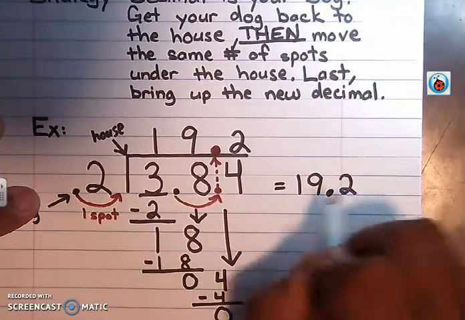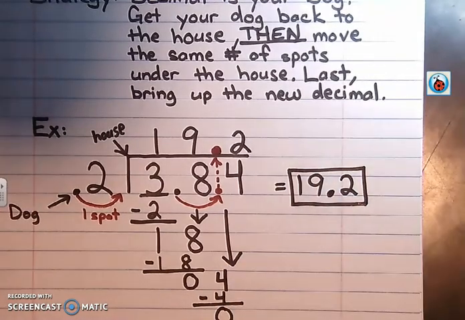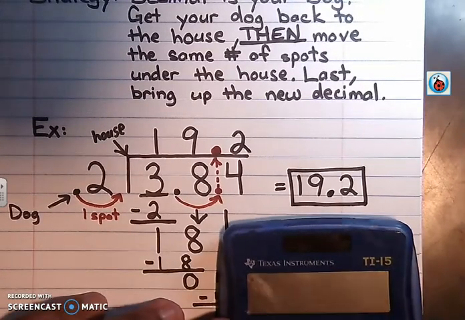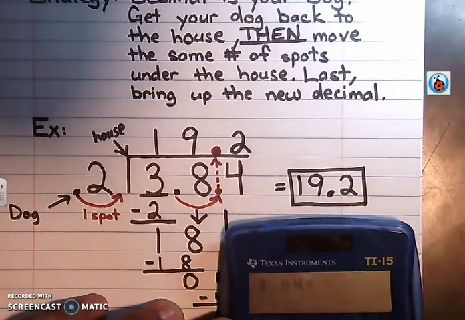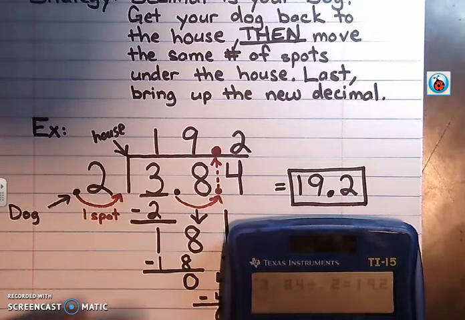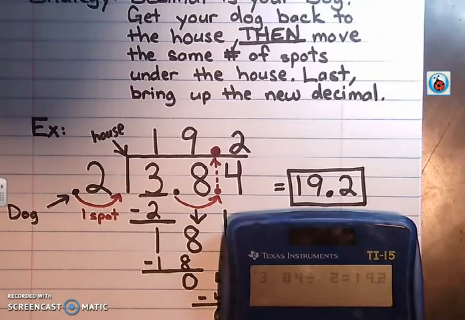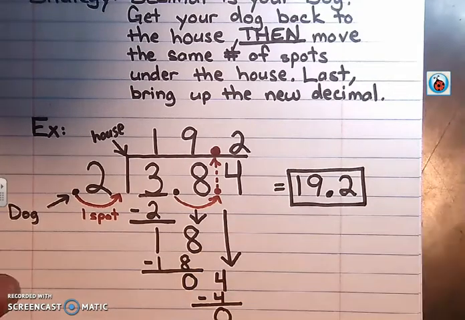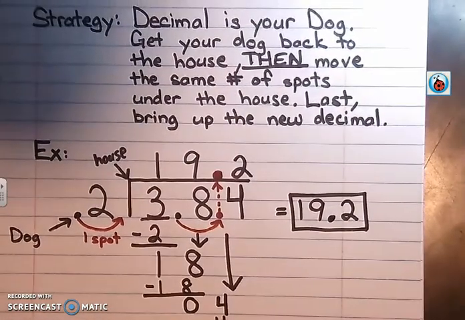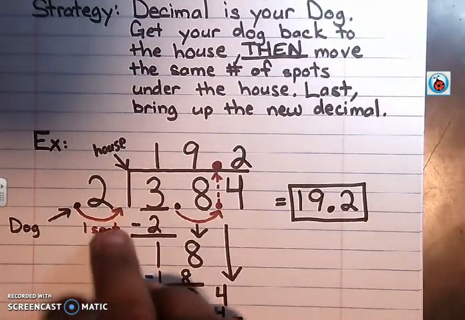And then just to be sure, we're going to go ahead and check it right here. 3.84 divided by 0.2 is 19.2. Perfect. So this is how the strategy works: the decimal is your dog, and we get the dog back to our house.